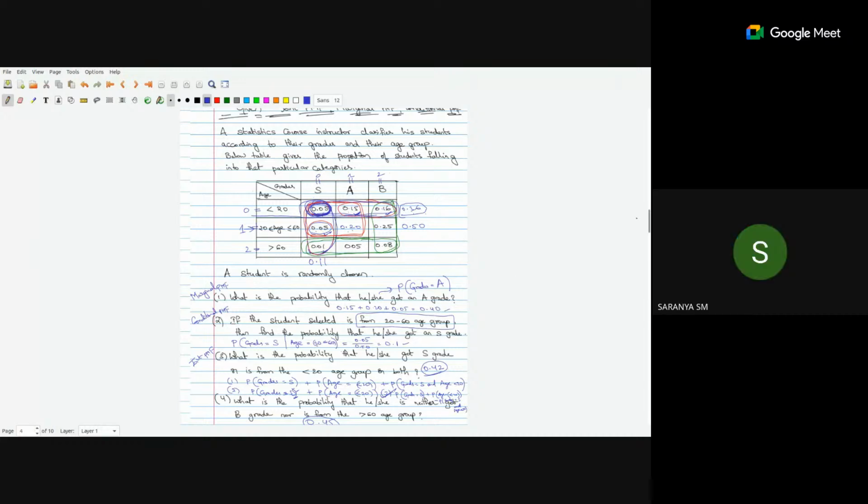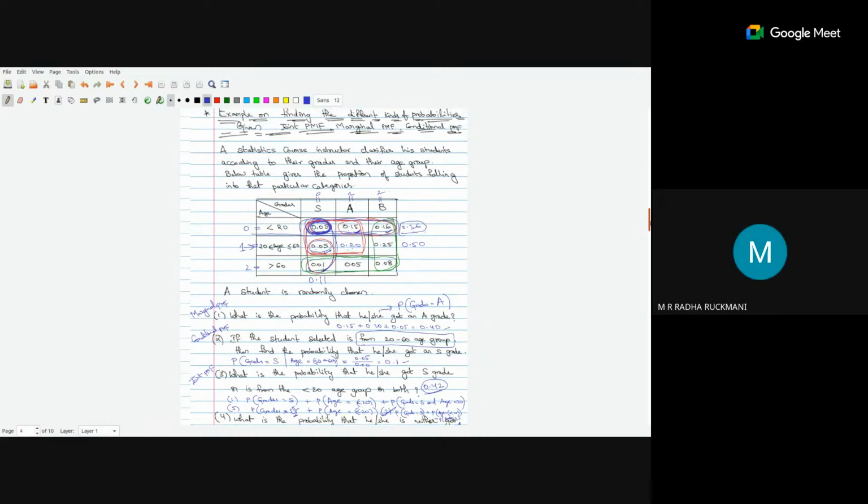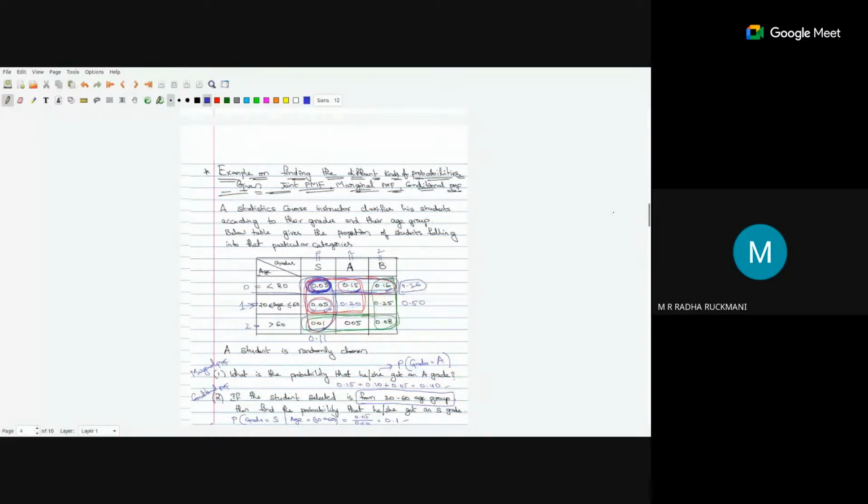So actually, union is either this or that, right? If the question gives this or that or both, I shouldn't have added both, but for better clarity I just added both. If the question had been S grade or less than age group, then we can subtract that part.